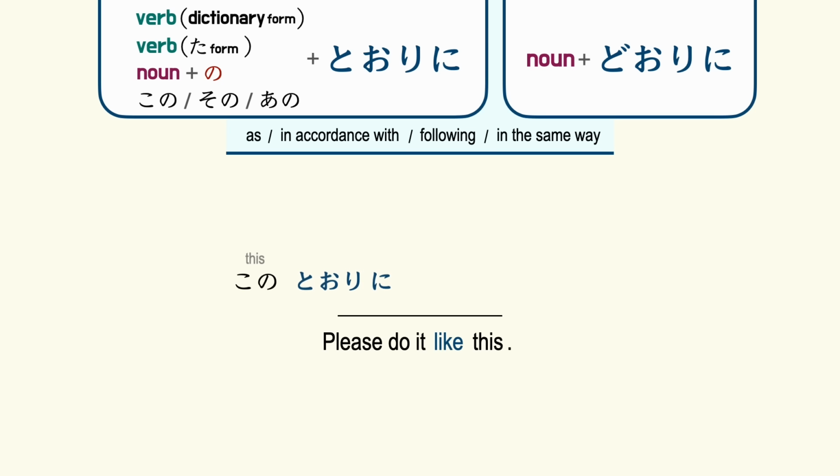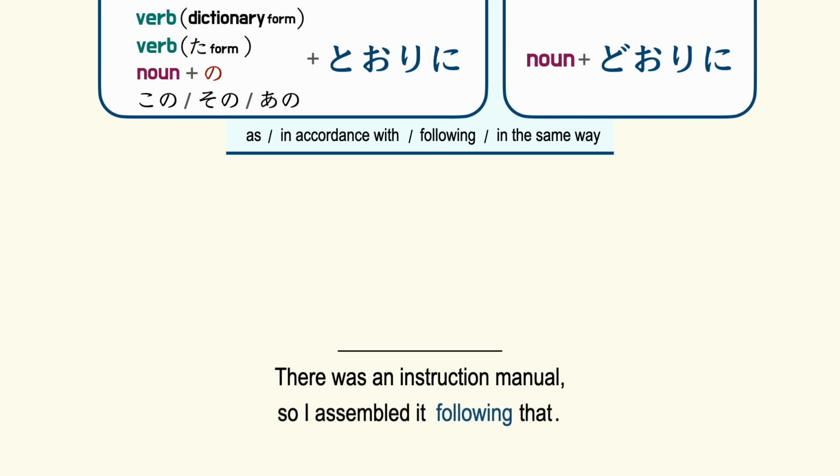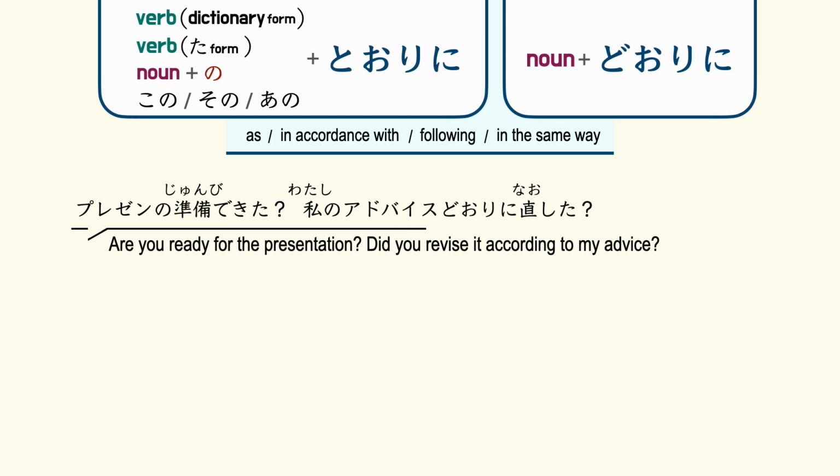通りに is also commonly used with the demonstrative words like この、その、あの。Please do it like this. この通りにやってください。There was an instruction manual, so I assembled it following that. 説明書があったので、その通りに組み立てました。プレゼンの準備できた？私のアドバイス通りに直した？Are you ready for the presentation?